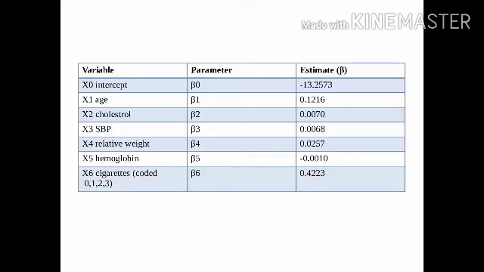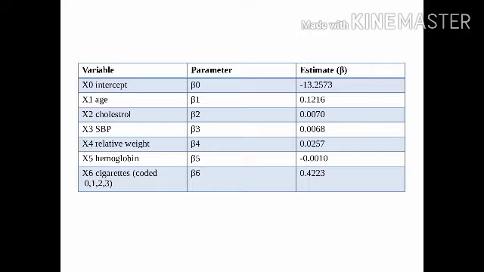From the software output, we will get the parameters corresponding to each variable. Here x0 is considered the intercept, and for x1 age the corresponding regression coefficient is 0.1216, for cholesterol 0.0070, for SBP 0.0068, for relative weight 0.0257, for hemoglobin minus 0.001, and for cigarettes 0.4223.